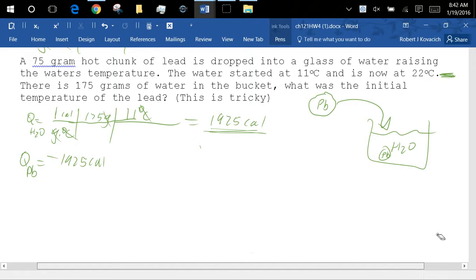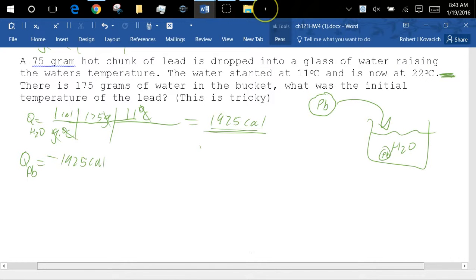So what I need to do is calculate a change in temperature, because what I have is the final temperature for the lead, and I need its initial temperature. If I can get a change in temp, then I can get my initial temp. This is lead, right? I have to look that up.